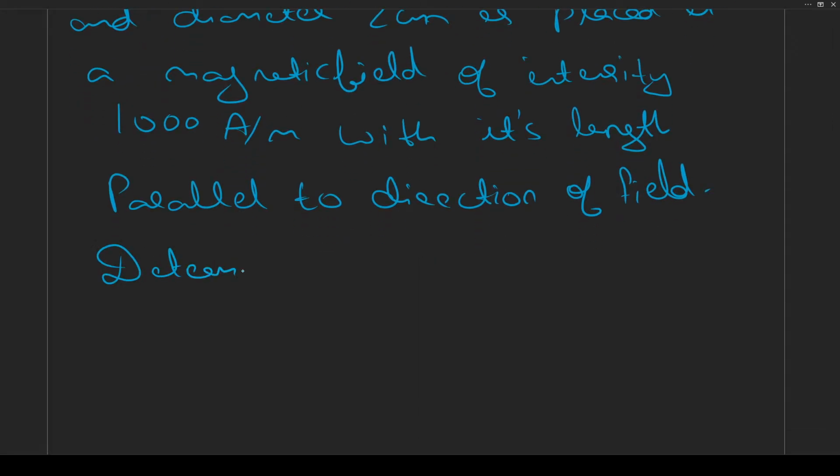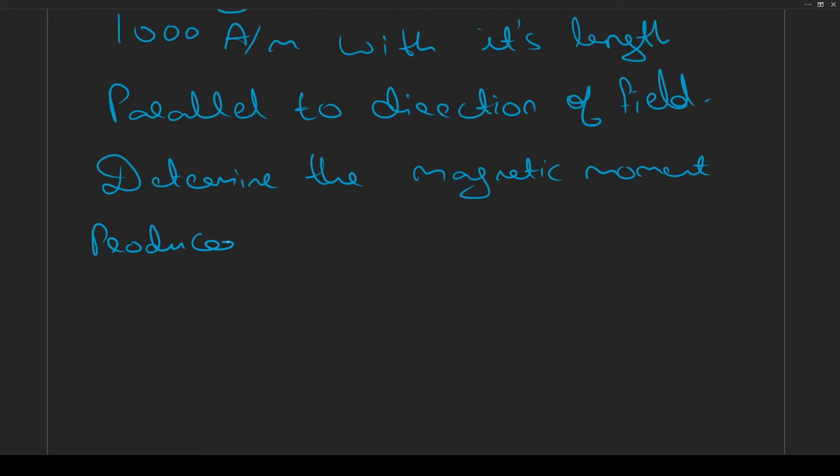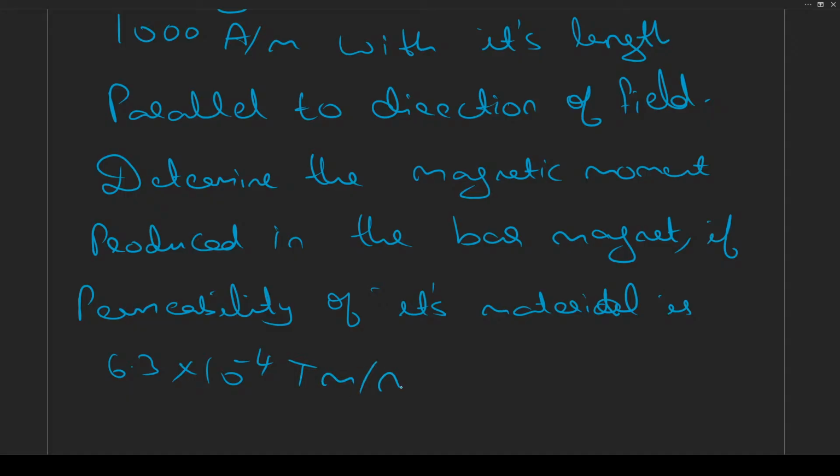Determine the magnetic moment produced in the bar magnet, if permeability of its material is 6.3 into 10 power minus 4 Tesla meter per ampere.